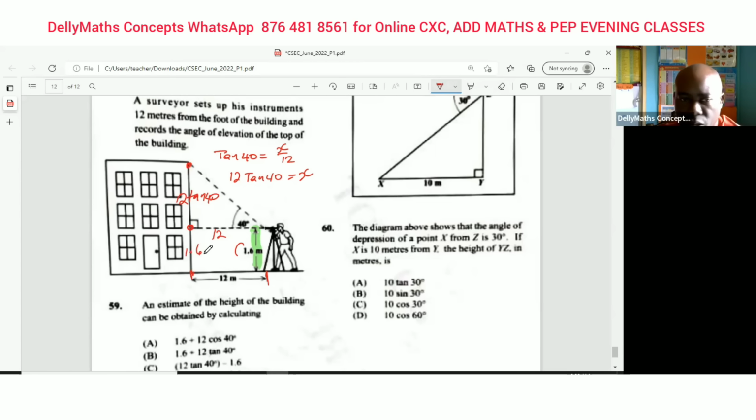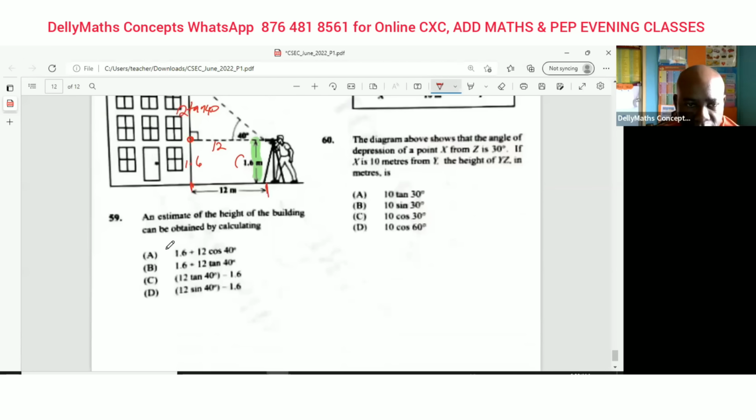So I'm looking for 12 tan 40 plus 1.6. There it is. That's that.